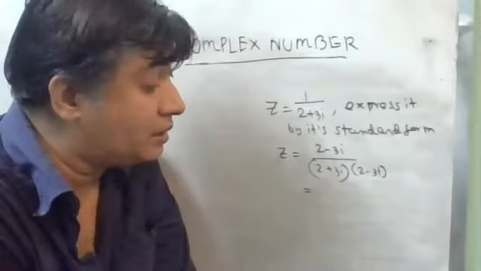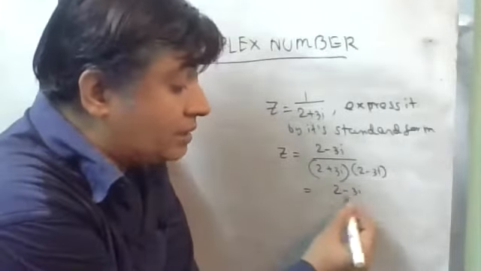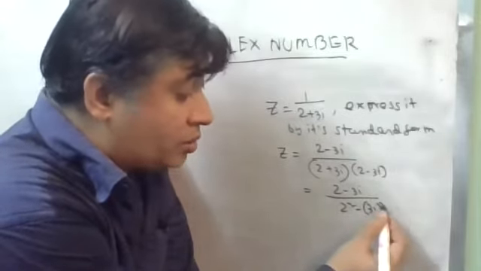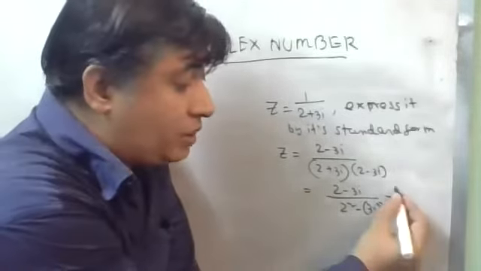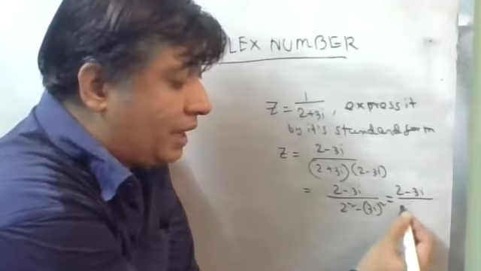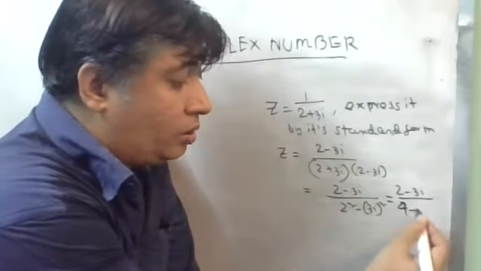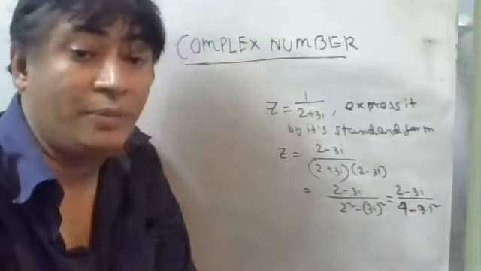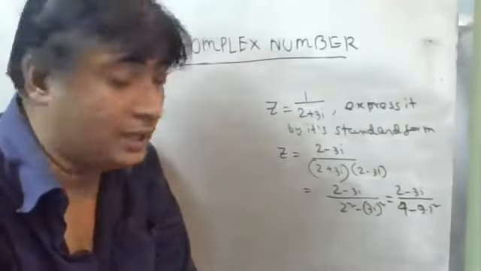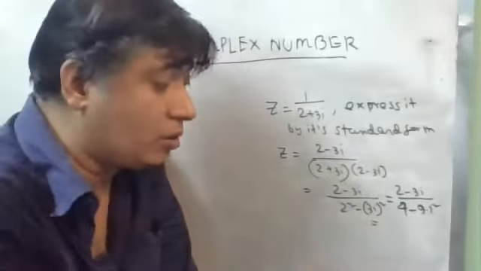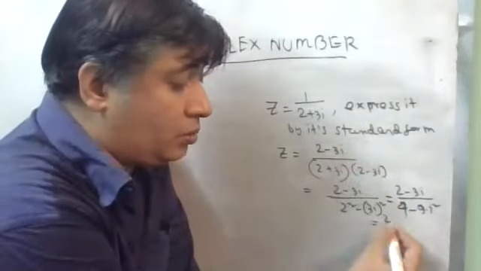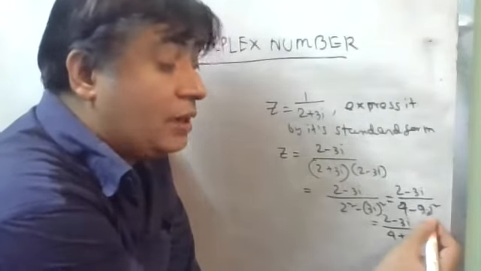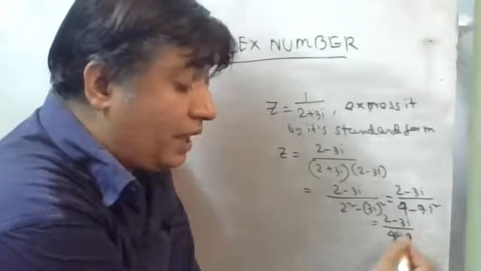It results in 2 minus 3i over 2 square minus 3i whole square. That gives you 2 minus 3i over 4 minus 9i square. What does i square mean? You are quite familiar, it is not a new concept for you. i square is minus 1, so 4 plus 9.